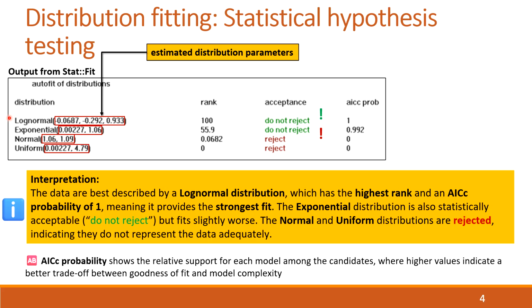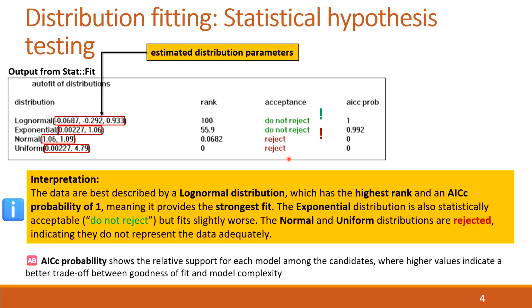We are able to see the set of distributions: log normal, exponential, normal, uniform, and next one, and this one is really important, we see the column called acceptance. Here we are able to recognize two outcomes of the analysis: do not reject and reject. So do not reject is here and reject is here.